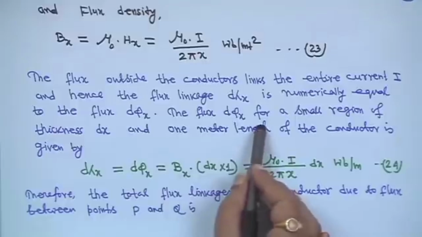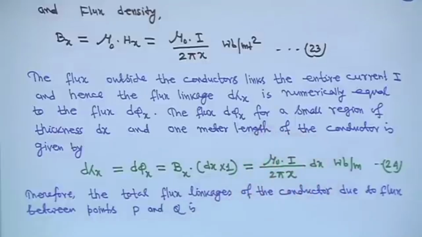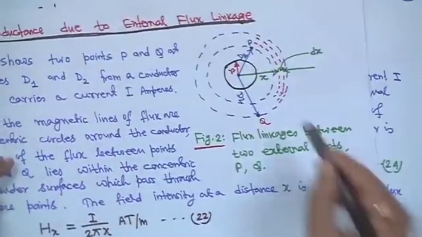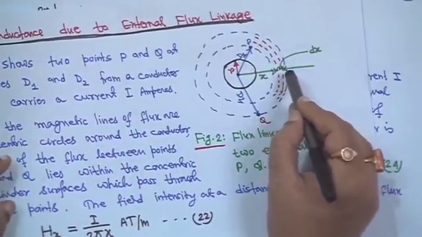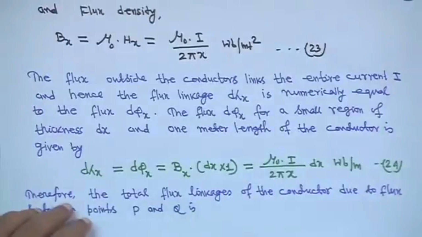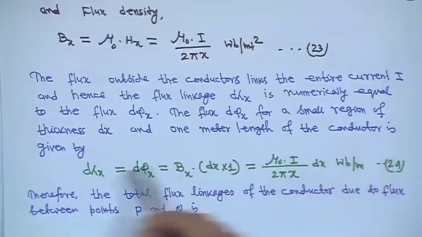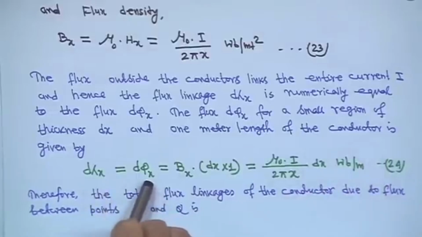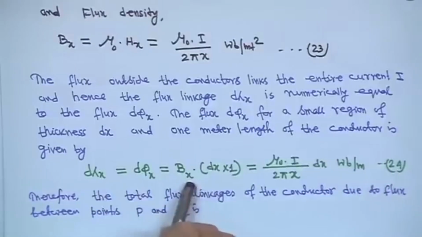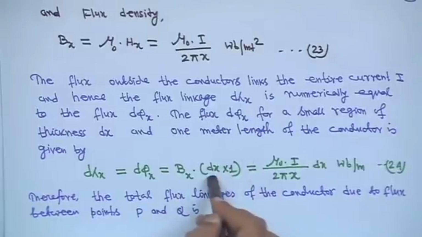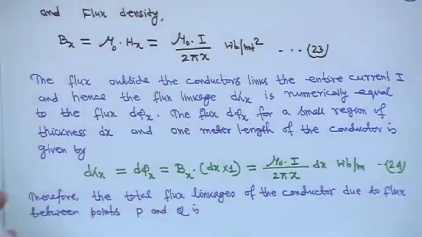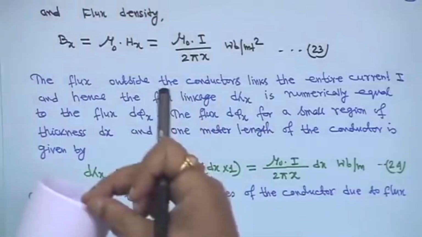Therefore, the differential flux d phi x for a small region of thickness dx, considering 1 meter length of the conductor, is given by d lambda x is equal to d phi x, both are the same, is equal to Bx into dx into 1, because of the same concept of this area. If you imagine this cylinder, this thickness is dx and this length is 1 meter.